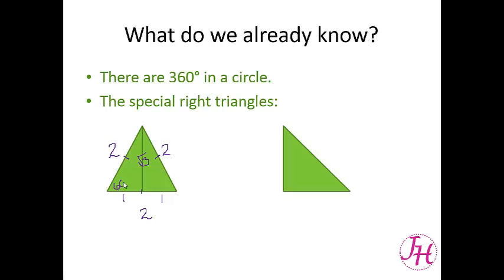Then it becomes a 30-60-90 triangle. And with our isosceles right triangle, which we also call a 45-45-90, if each of our legs is 1, then our hypotenuse is the square root of 2.